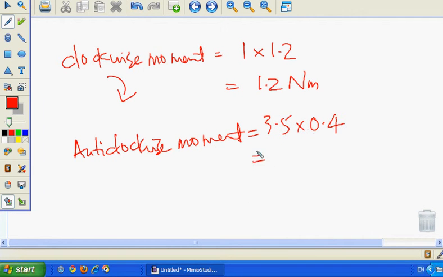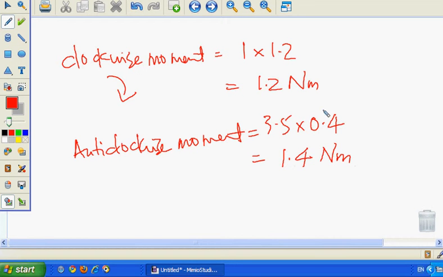If I press my calculator, I will get an answer which is 1.4 Newton meter.